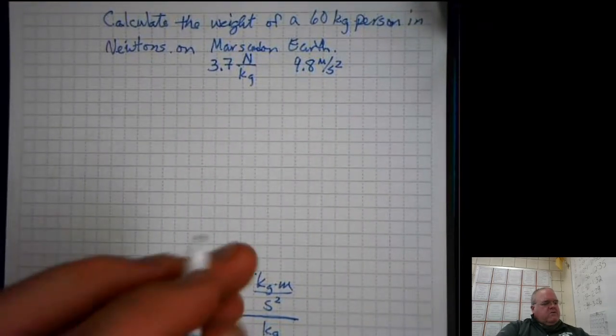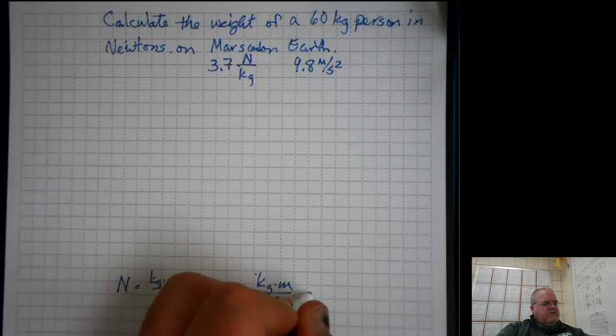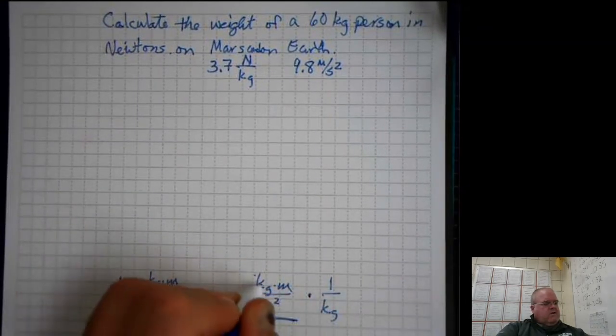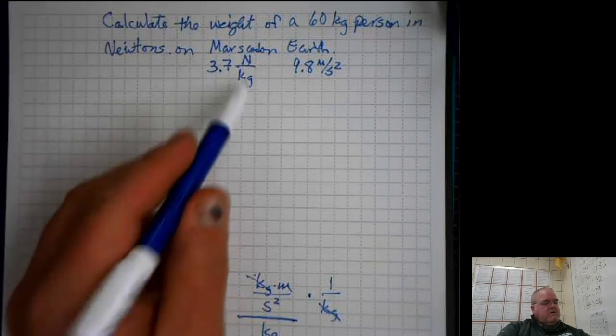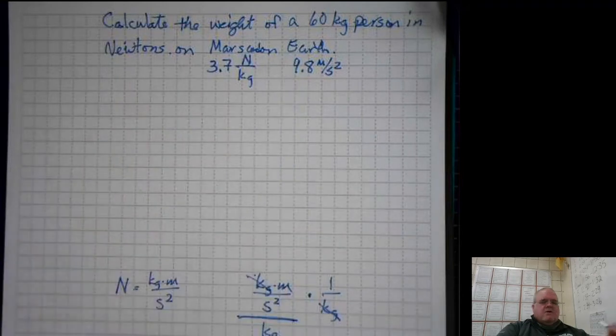So I change it from a division to a multiplication, so I have 1 over kilograms. My kilograms cancel, and I'm left with meters per second squared. So a newton per kilogram is the same as meters per second squared.